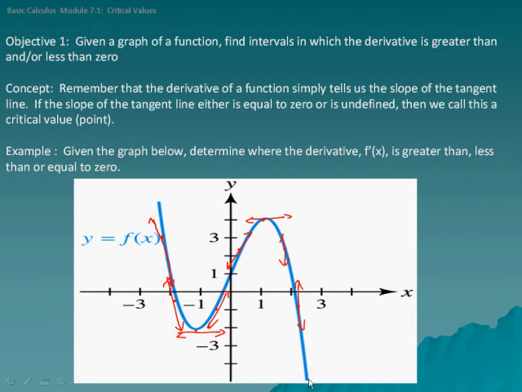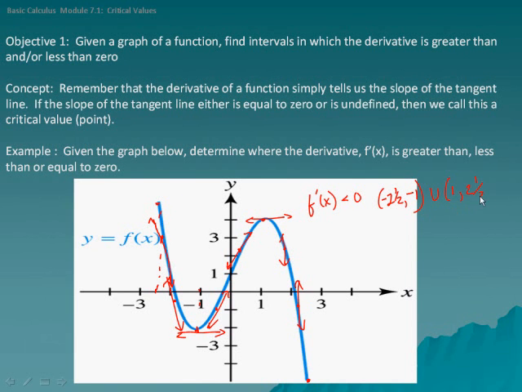Okay? So that means that our derivative, f prime of x, is decreasing, or is less than 0, in the interval from negative 2.5 all the way until negative 1, union with the interval from 1 all the way till we get to, let's say, positive 2.5.